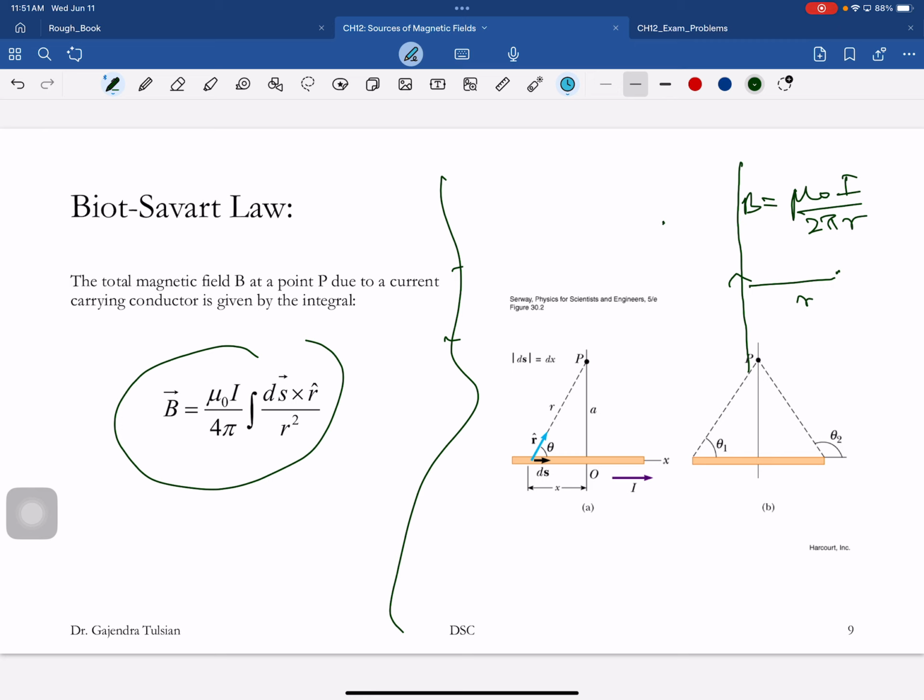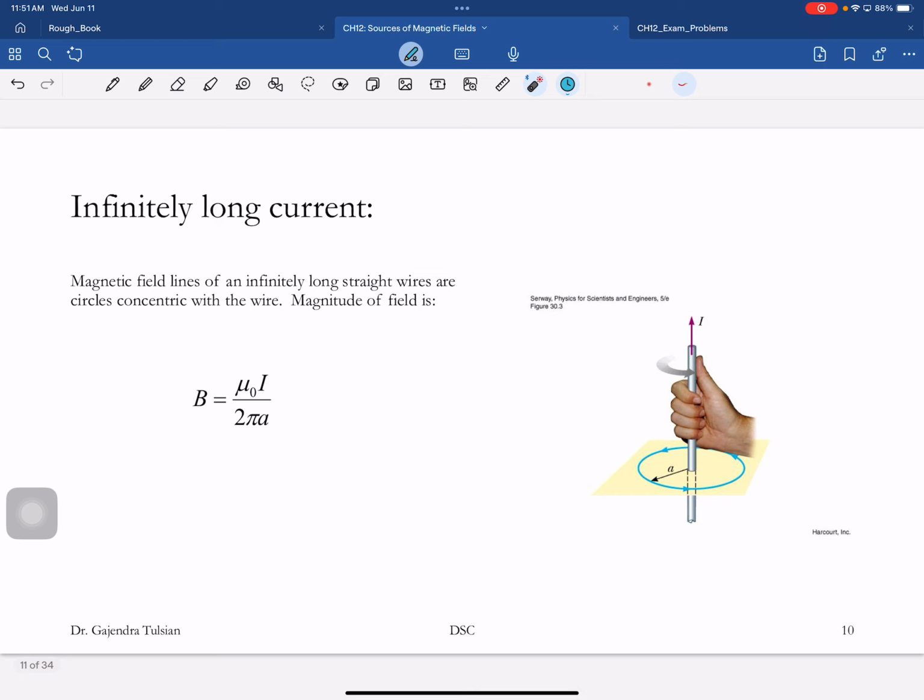So this current produces this magnetic field, and this is known as the Biot-Savart law. So that integral has been done for you for an infinitely long straight wire, and the magnetic field is mu naught I divided by 2 pi r, or a, the distance here from the wire.